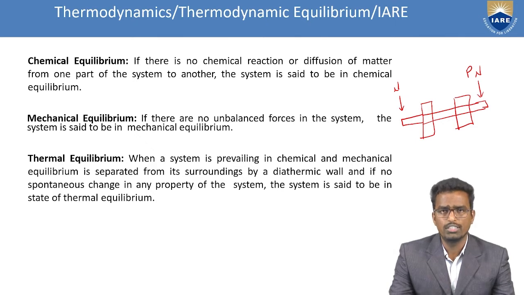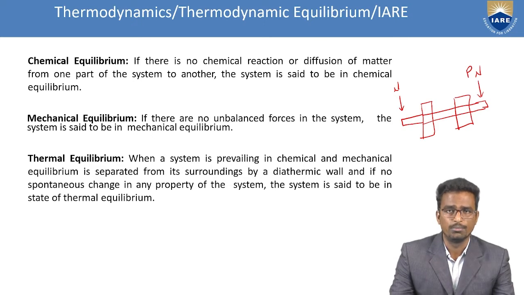By definition, when a system is in chemical and mechanical equilibrium, is separated from the surroundings by a diathermic wall, and there are no spontaneous changes in any property of the system, it is said to be in thermal equilibrium. If all three equilibrium conditions are satisfied, then we call it thermodynamic equilibrium.